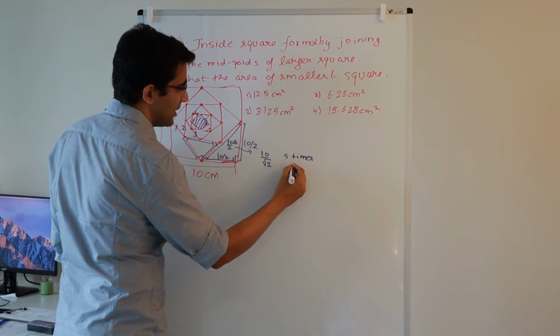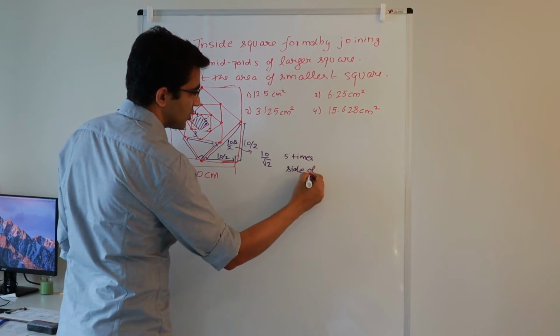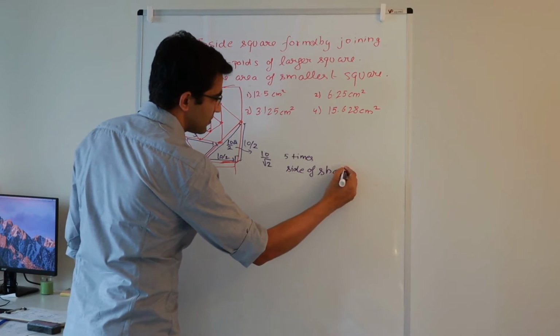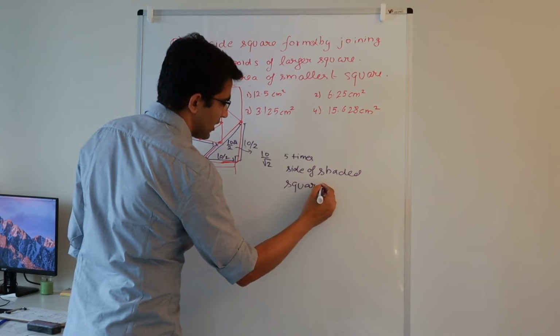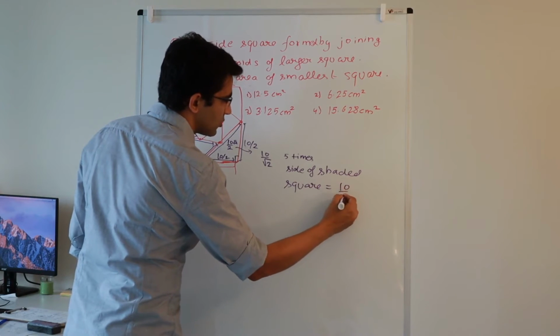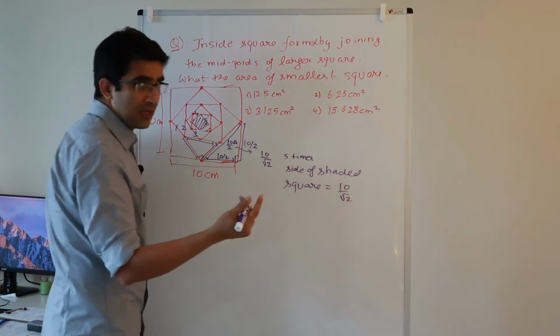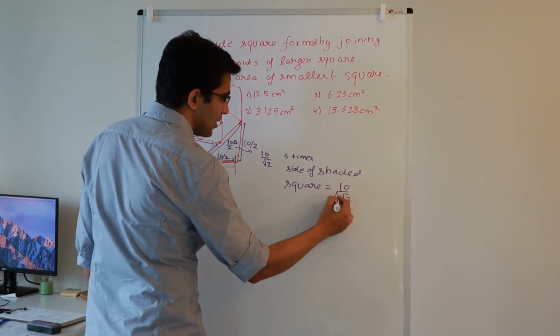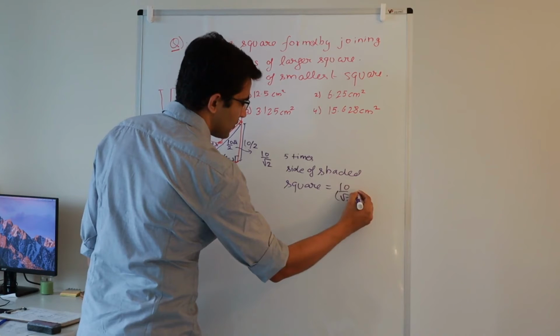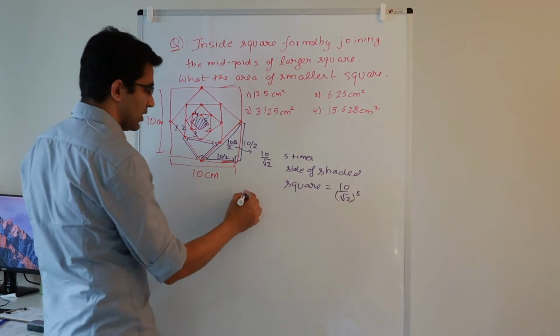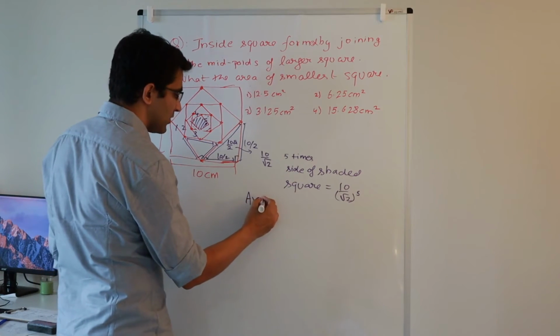the side of the shaded square is equal to 10 by square root of 2 to the power 5, because you have done it 5 times. So that is the side. Then what is the area of that shaded square?